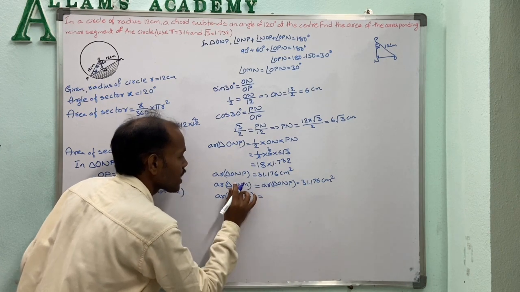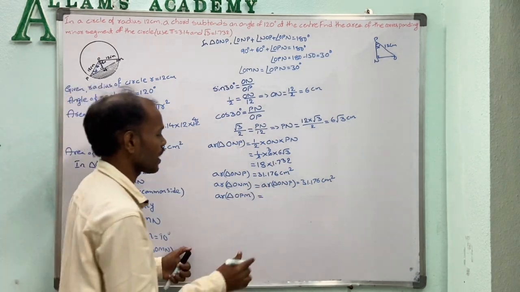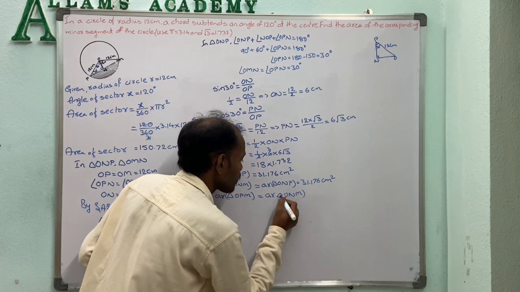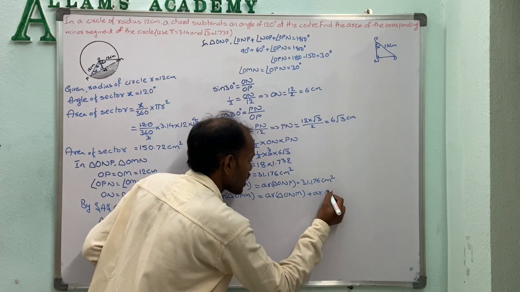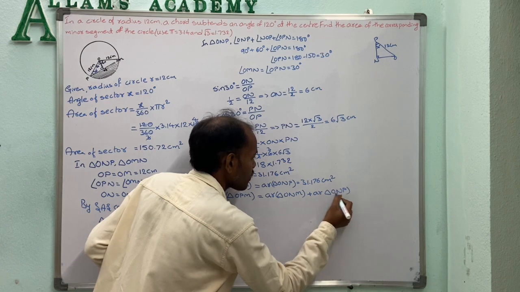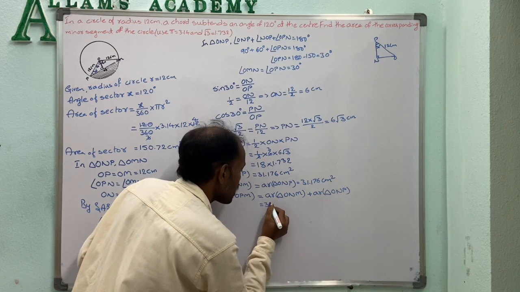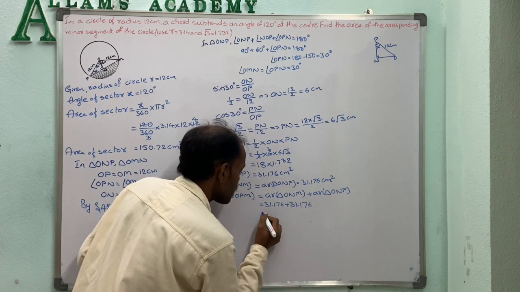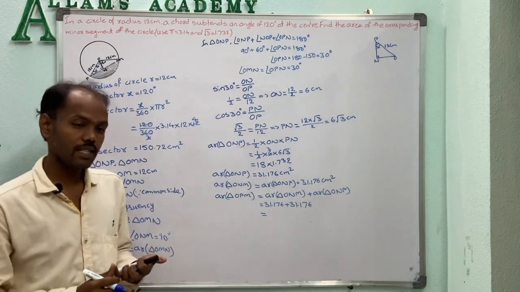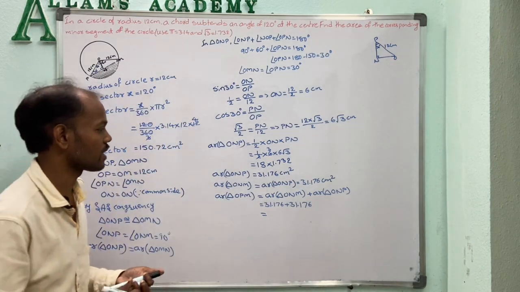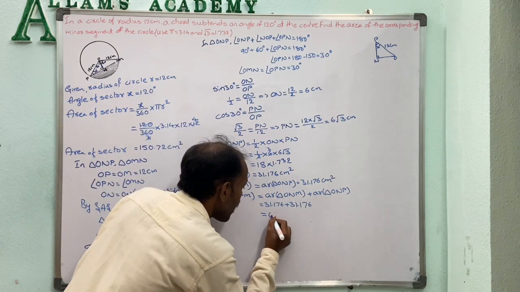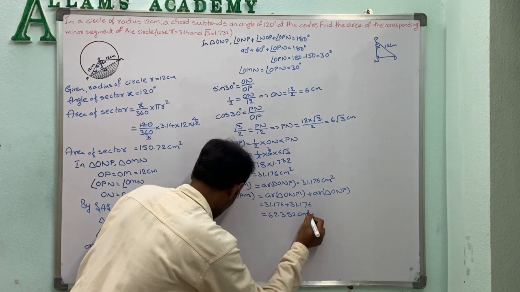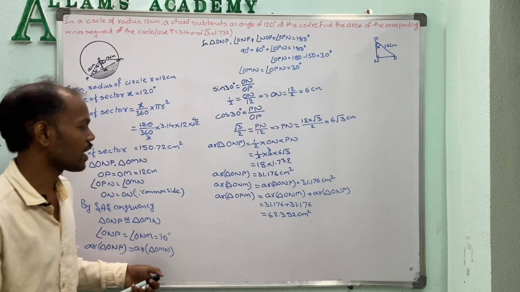That is nothing but the sum of the areas of these two triangles. That is area of triangle ONM plus area of triangle ONP, that equals 31.176 plus 31.176, which is nothing but 62.352 centimeter square.